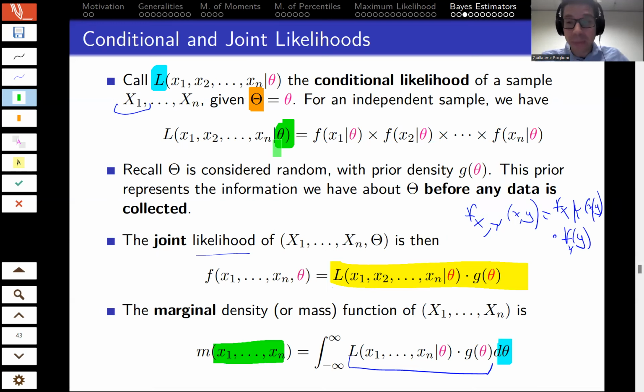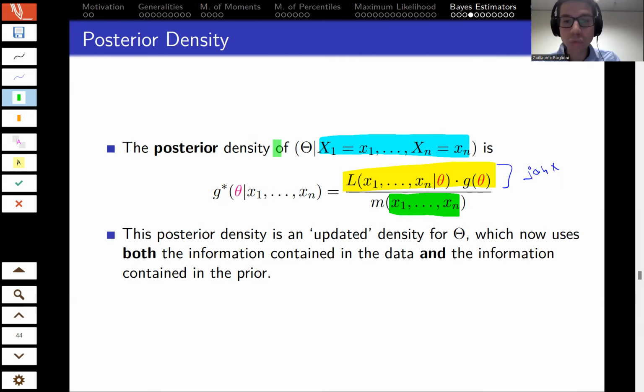Obviously, the data follows a certain distribution that has theta as a parameter. So of course the data is influenced by theta, but we're still using the joint, so the joint still has an influence on the distribution of the posterior.